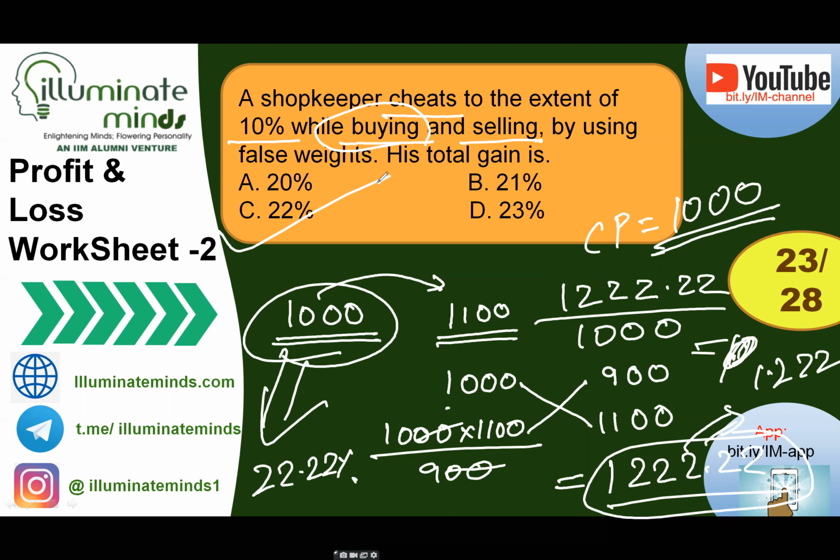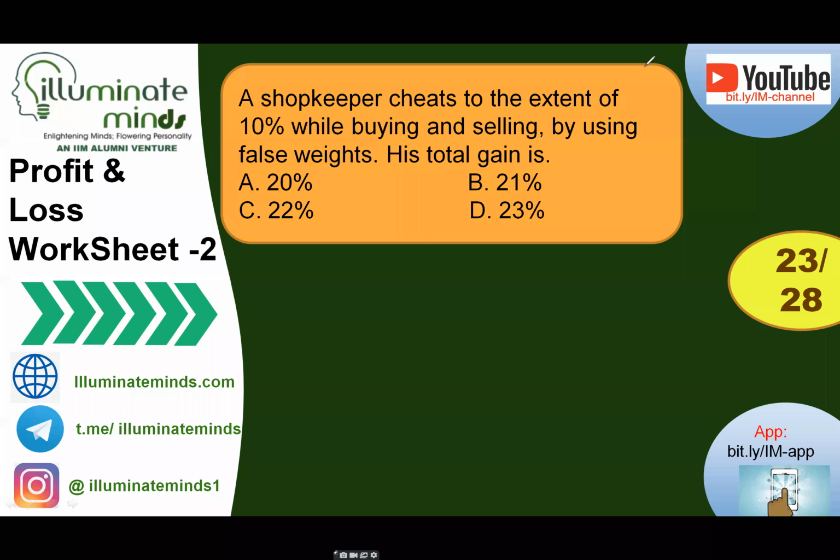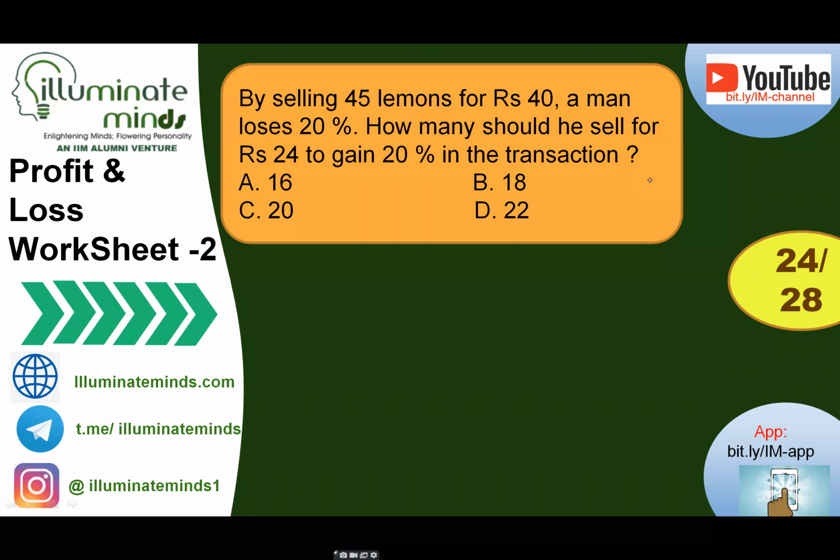Yes, guys. I hope it's okay. Next one. By selling 45 lemons for rupees 40, a man loses 20%. So for 45 lemons, my selling price is 40 upon 45, divided by 0.8, since the loss is 20% of the cost price.